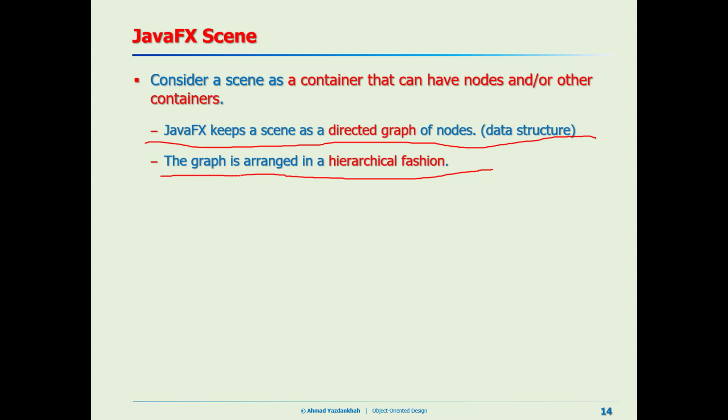And if you are familiar with HTML and the DOM, then you know what I am talking about when I say it's a directed graph in a hierarchical fashion. That DOM, or document object model, is exactly the same as the scene here.